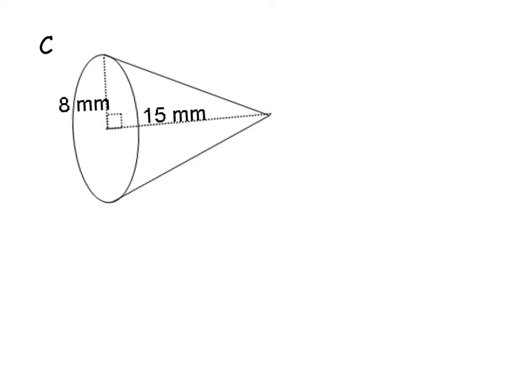This is a cone on its side, and the formula for a cone, you look on your formula sheet, is pi r squared h. This is nice. I know my radius, and the height, even though it's on its side, the height is 15. Oh, I forgot to put here that we have to divide that by 3.